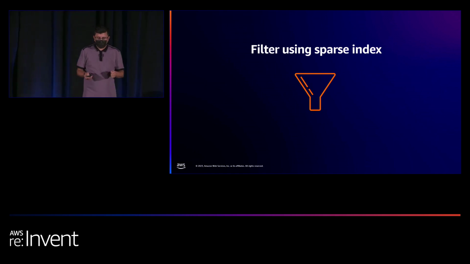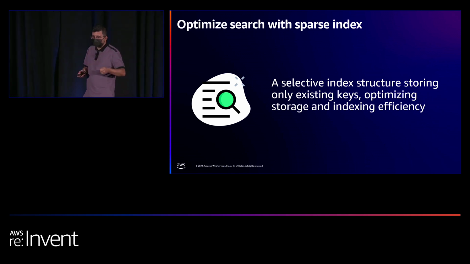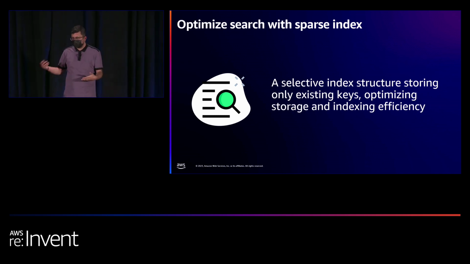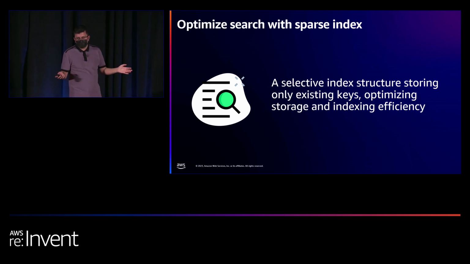What I mean by a sparse index is you are essentially selectively picking items from your base table which should be projected based on whether certain fields are there in your base table or not. So in the example that we're looking at of payment date, let's say your application writes the payment date at the time of creating the order, but once the order is shipped and charged, you just remove the payment date from the order.